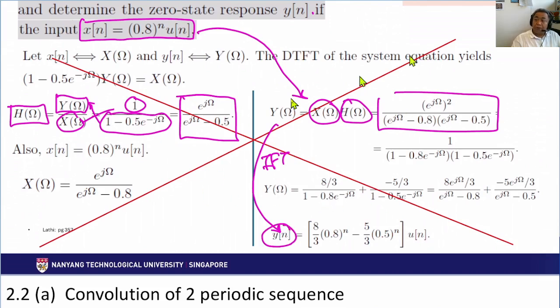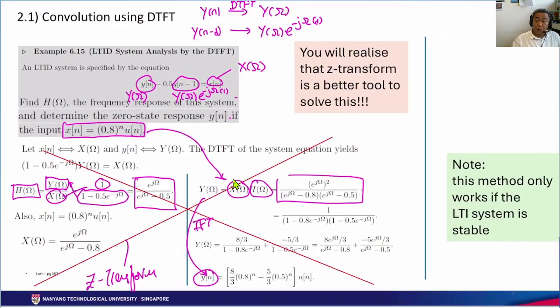Now I put a big cross here because doing it in the DTFT domain is actually quite complicated. Later on you will realize that I'm going to use the Z transform to do this convolution, which will be much easier than doing it in the DTFT domain.